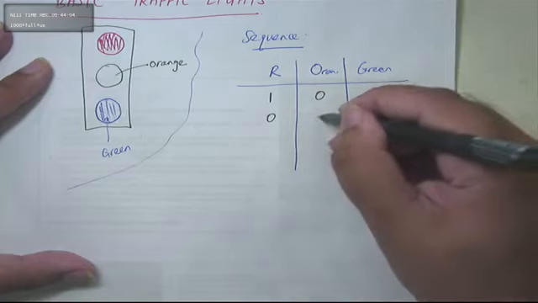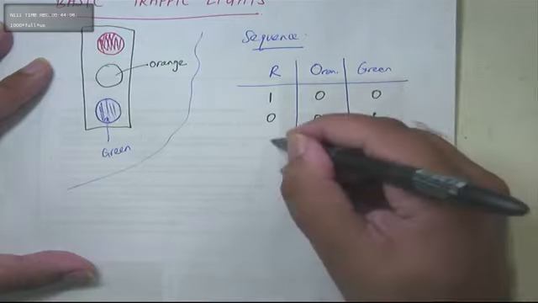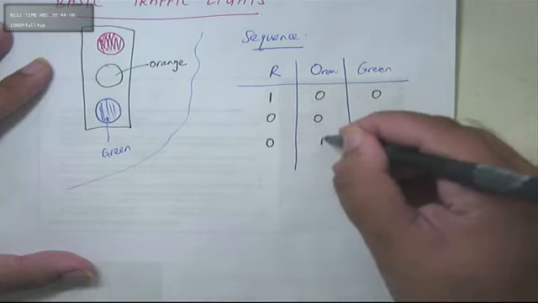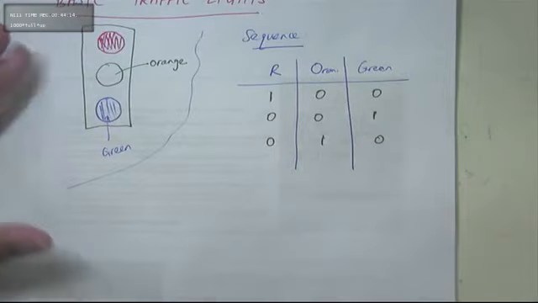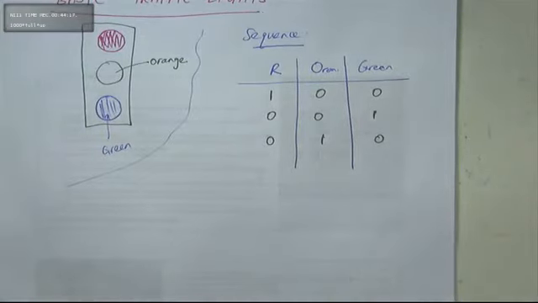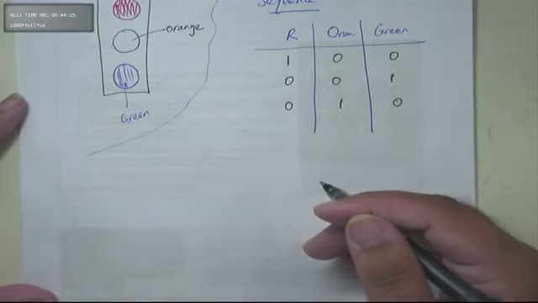It will be green. Then it will be orange. Okay. But this table does not give us much information. That's why we don't go to the table straight away. Let's now try and deal with it in terms of our state diagram.